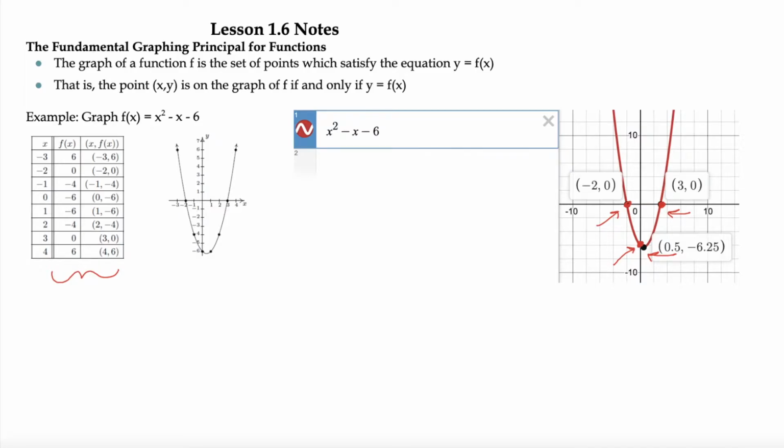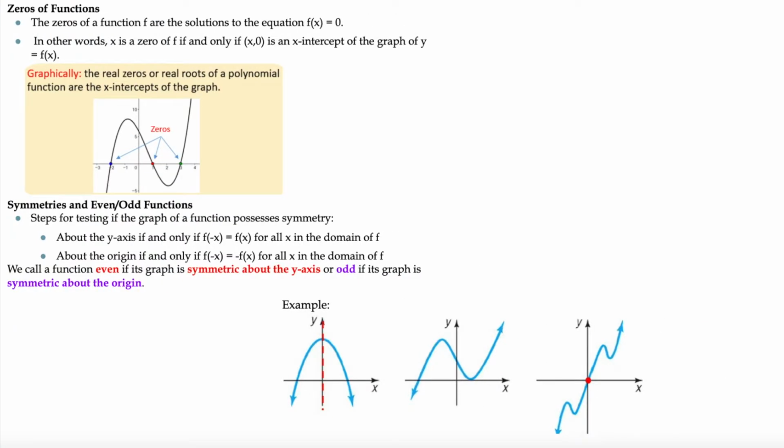On the second page of our notes, we want to talk about the zeros of a function. So zeros are known as the solution to the equation. In other words, x is a zero of the function if and only if it is an x-intercept. So a solution is the same language as x-intercept is the same language as zero.